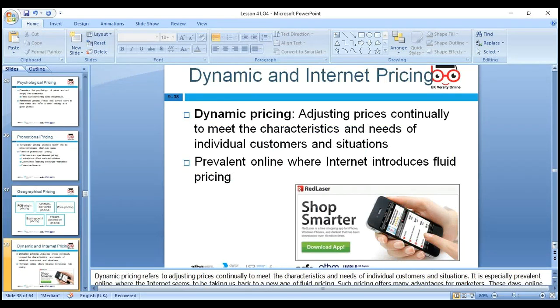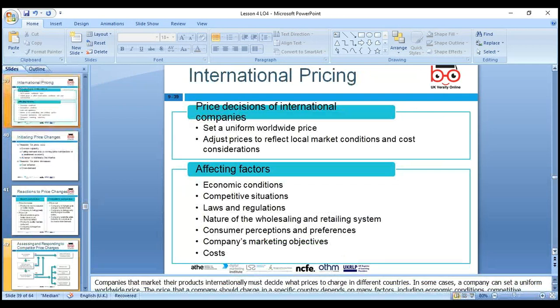Internet pricing: adjust price continuously to meet the characteristics and needs of individual customers and situations, and prevent online waste. International pricing: price decisions of international companies, set a uniform worldwide price or adjust the price to reflect factors such as economic conditions.